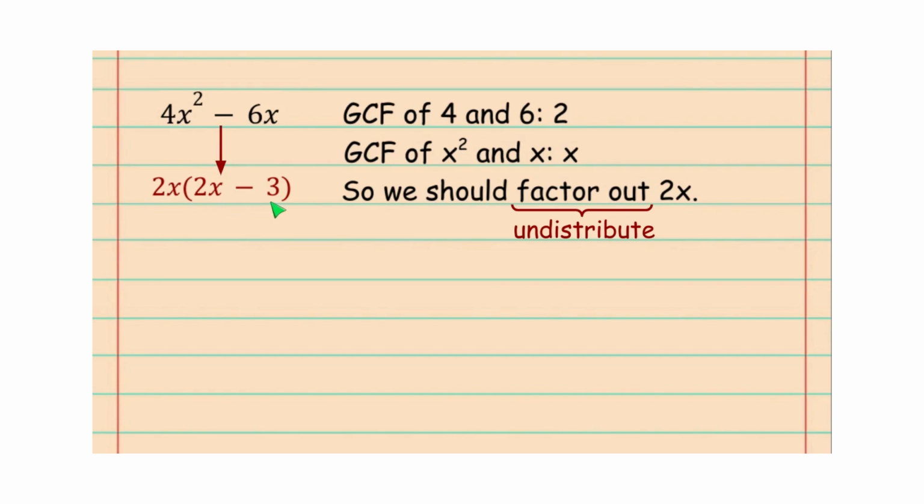Same goes with my second term in the parentheses. 2x times what would get me my original negative 6x? The answer, of course, is negative 3. That's how we know what should be inside our parentheses. In a sense, we can check our undistribution with a little bit of distribution.